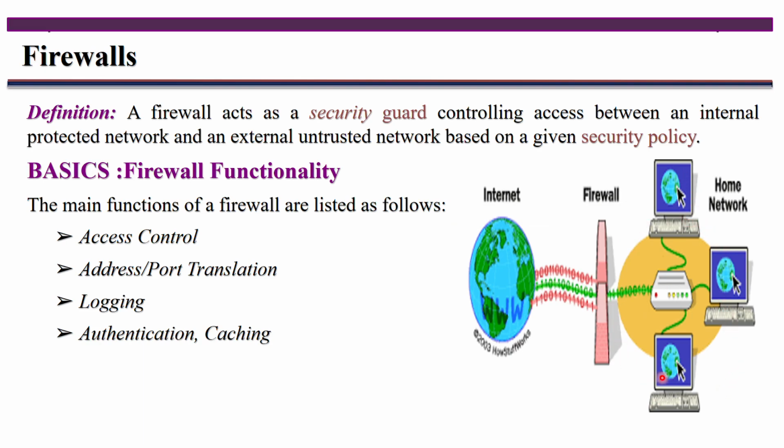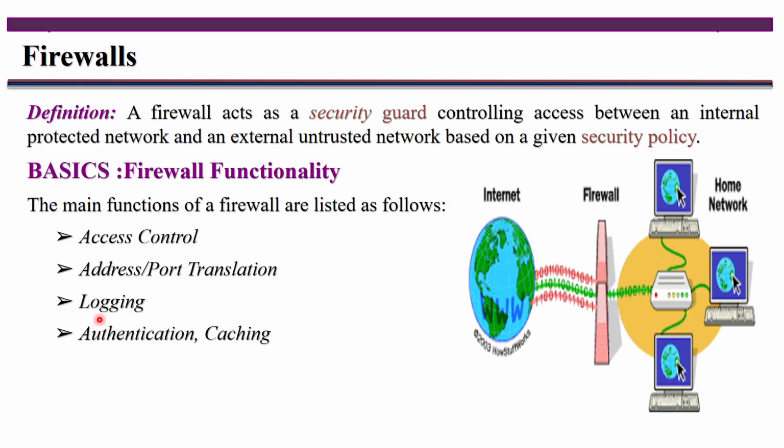So first these addresses are converted into a public IP address, and only the internet, that is the external untrusted network, can see that public IP address. It is public, and the IP addresses of the machines are private. Converting this private IP address to a public IP address is called NAT, network address translation, and only the internet can see that public IP address. That is address or port translation.